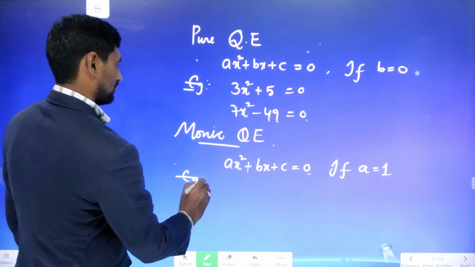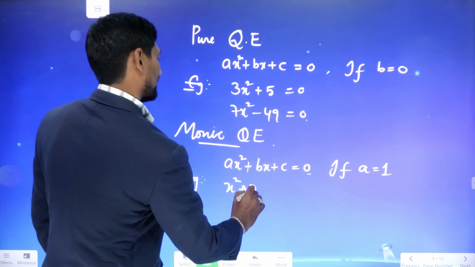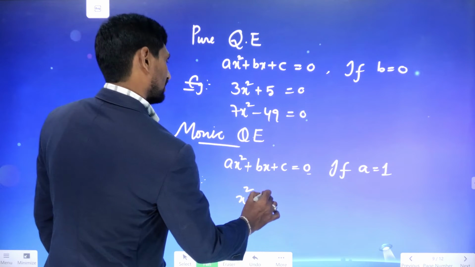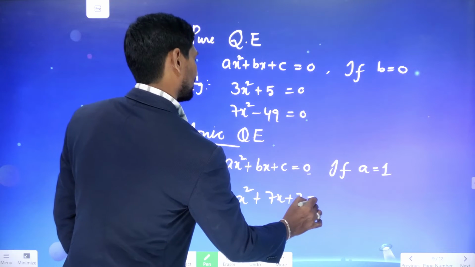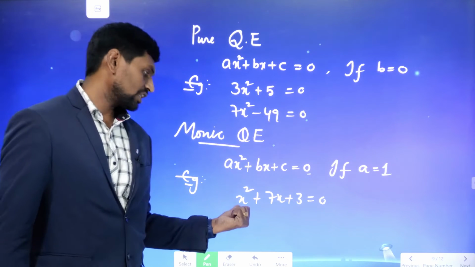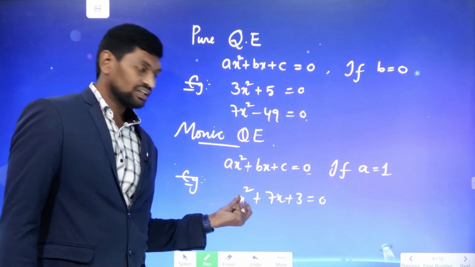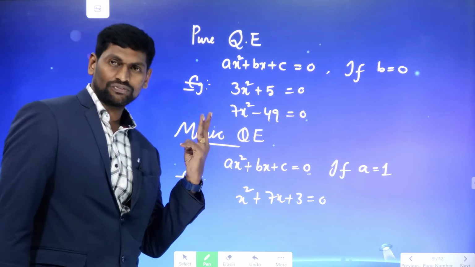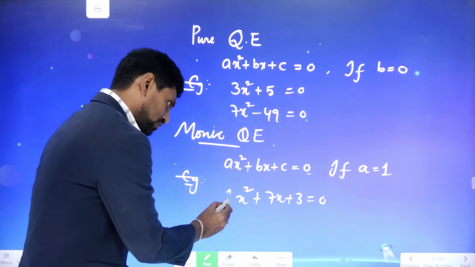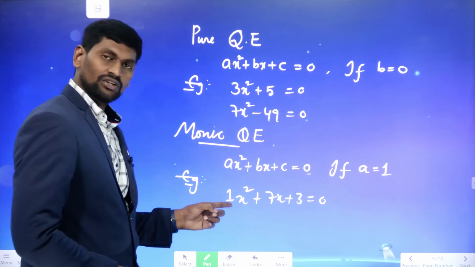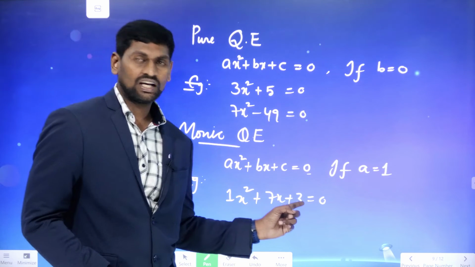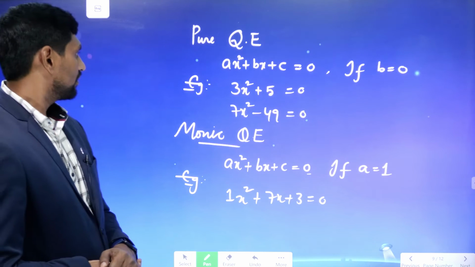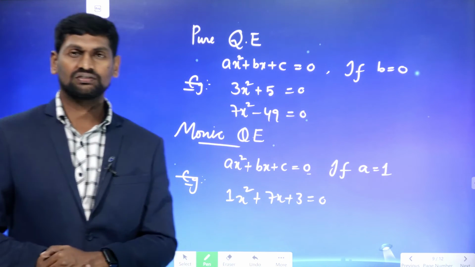Example, x square plus 7x plus 3. There is no coefficient written for x square, that means the coefficient of x square is 1. Here the x coefficient is 7 and the constant term is 3. There are 3 coefficients here: the x square coefficient is 1, the x coefficient is 7, and the remaining constant term is 3. Please note it.